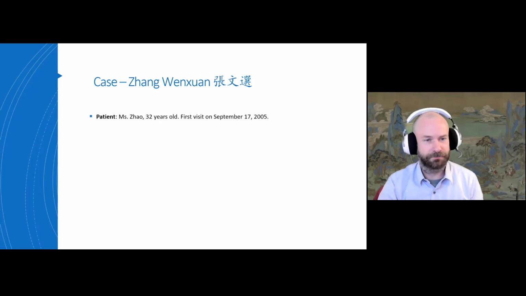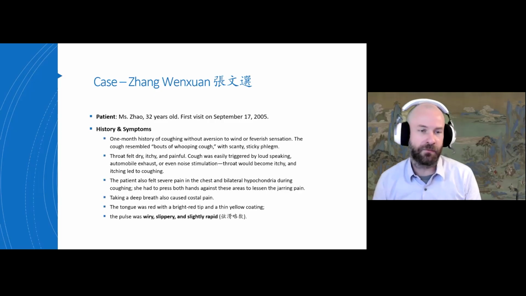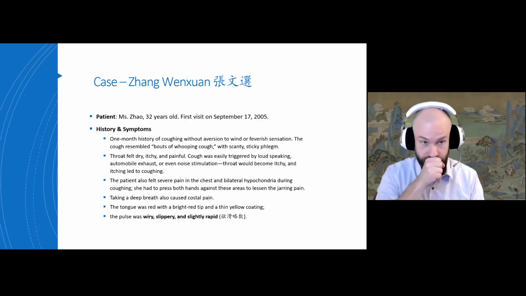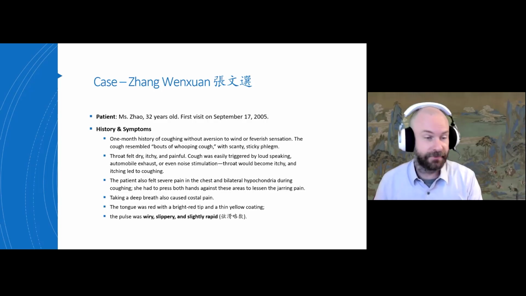Okay, Zhang Wansuan had a case for a lady, 32 years old, who visited September 7th, 2005. One month of coughing without aversion to wind or feverish sensation. The cough resembled bouts of whooping cough with scanty, sticky phlegm. Throat felt dry, itchy, painful.